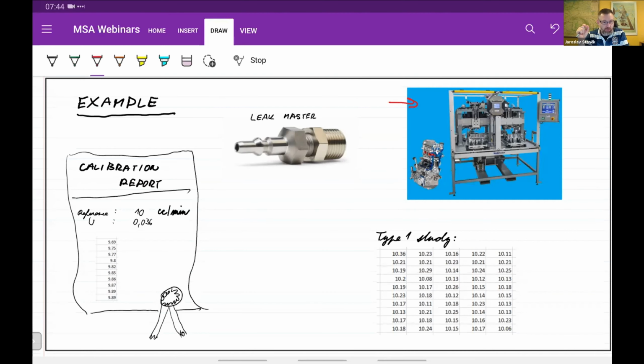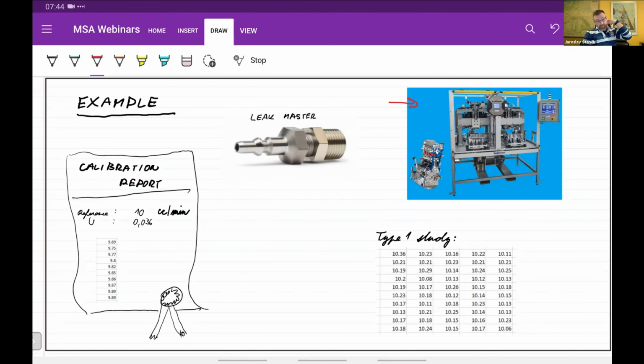So if your leak should be smaller than 0.1 cubic centimeter per minute, then this technique is no longer practically possible, or it becomes really expensive and not very useful. And these masters, as I've said, are calibrated, so they come with a calibration report.